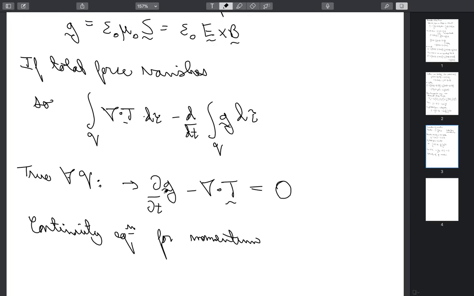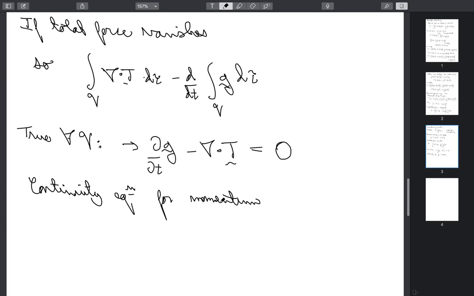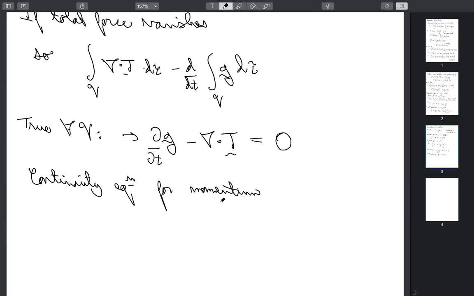The time derivative of some local density is compensated by the divergence of some current, therefore ensuring that the integral over all space of this density remains constant. So that's just another example of a conservation law. You see, we've got charge, energy, momentum. You could play the same game with the angular momentum.